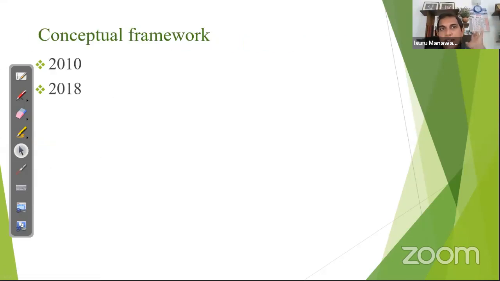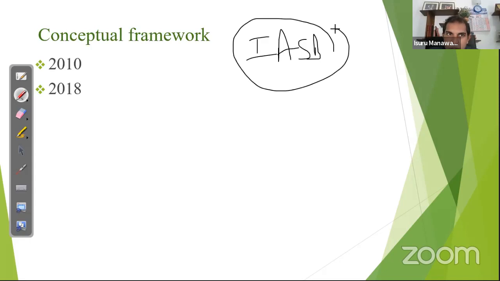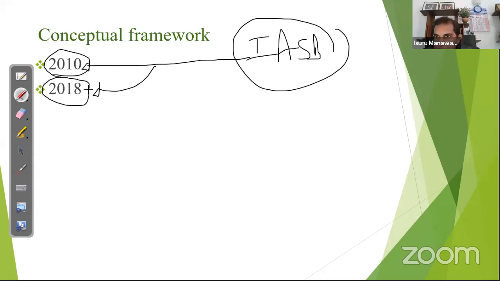Before that, I put a slide on conceptual framework. The conceptual framework is very important. IASB initially issued a conceptual framework in 2010, and they have issued a new conceptual framework with revised definitions.